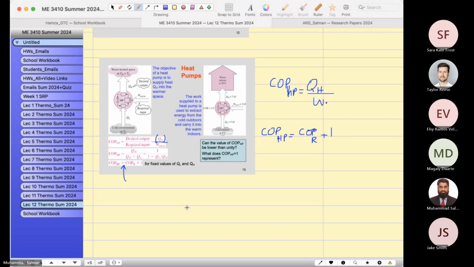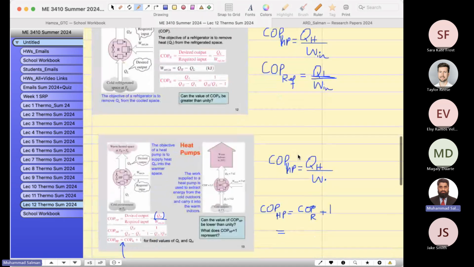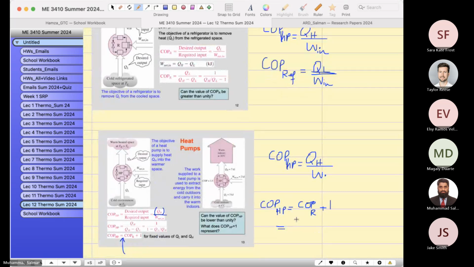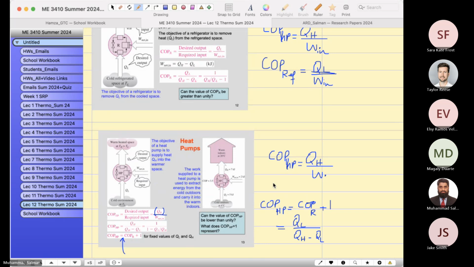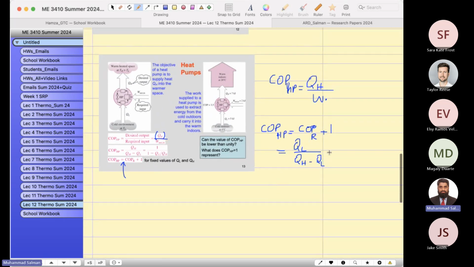We can prove it. We know that the coefficient of performance of the refrigerator is QL over WN, plus 1.